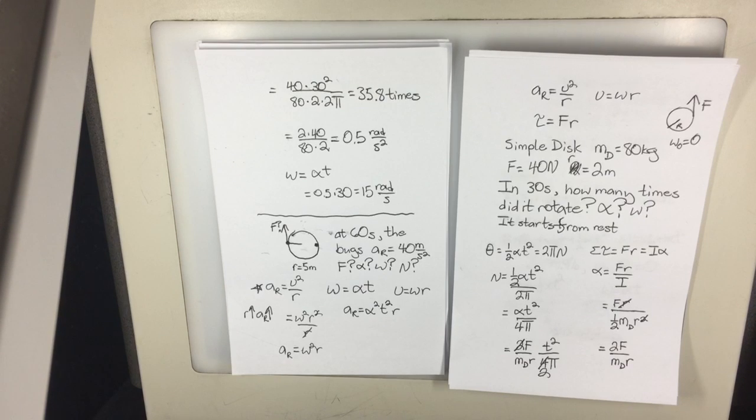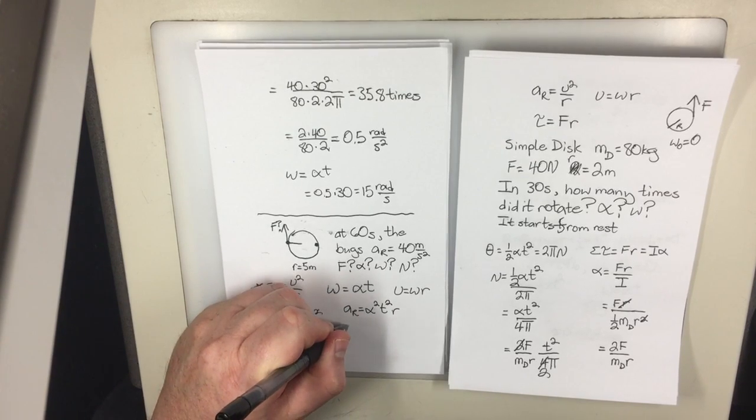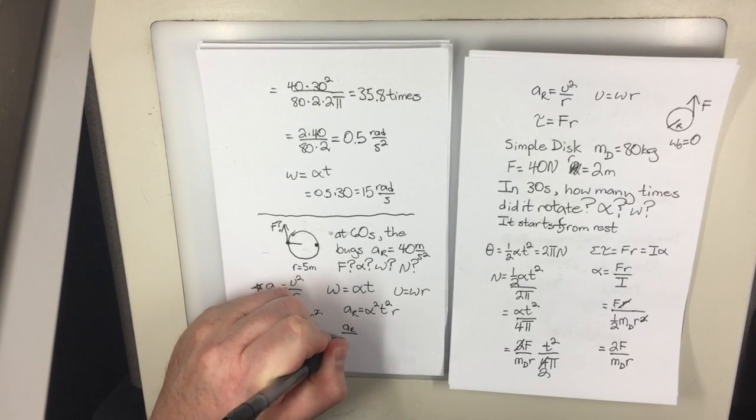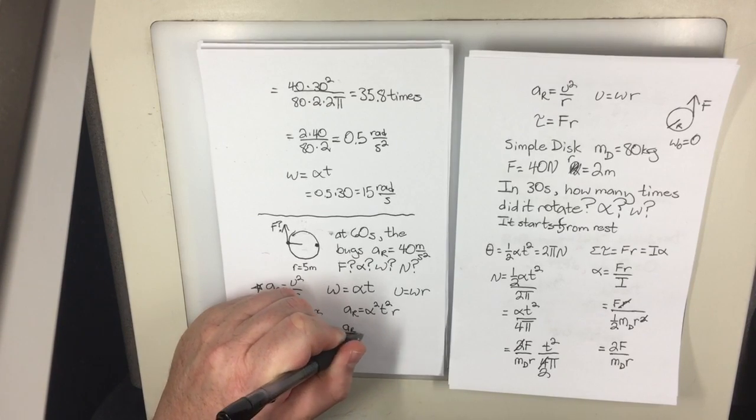In this particular case, I know what t is, 60. I know what r is, 5. I know what A_R is, 40. I'm just going to solve for alpha right now. So A_R over t squared r.